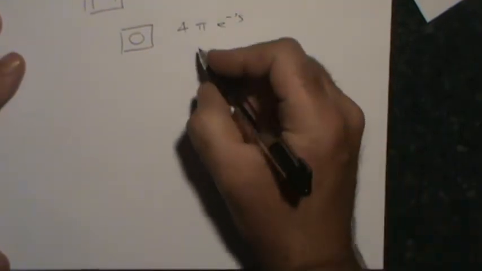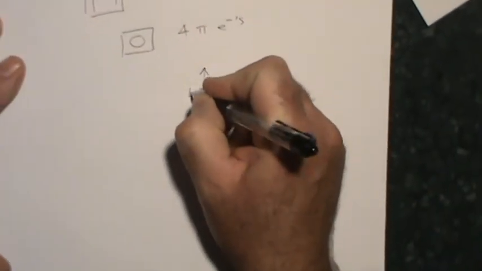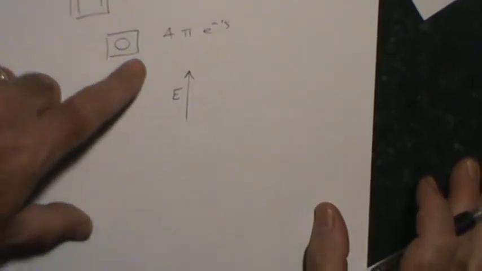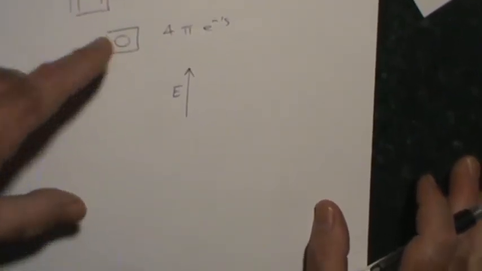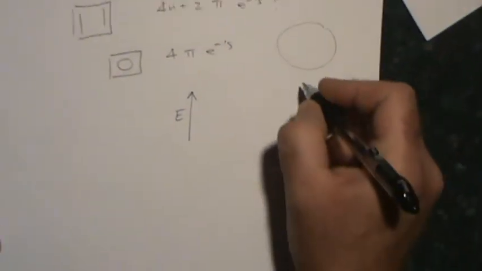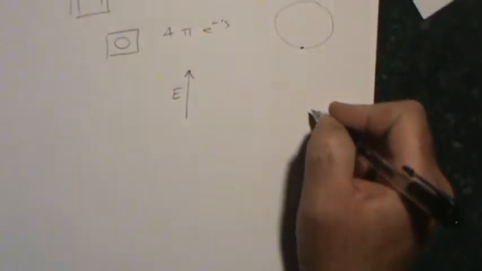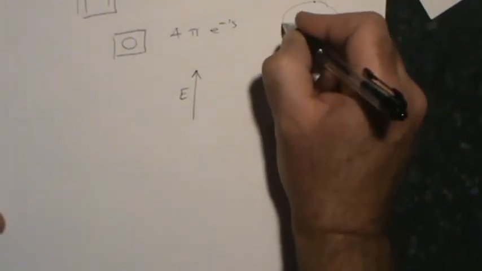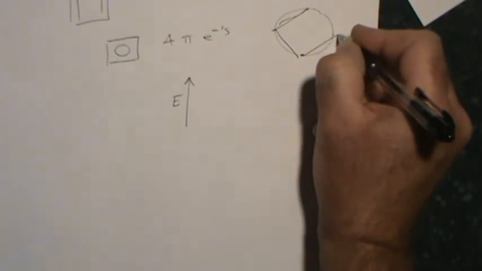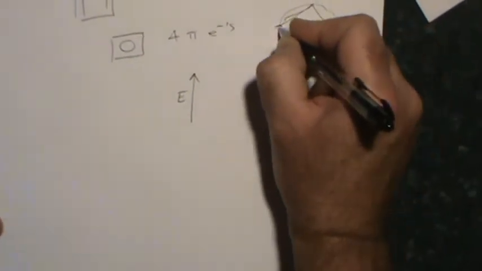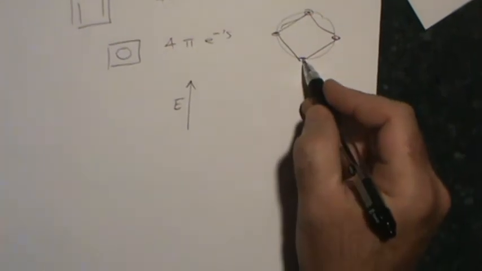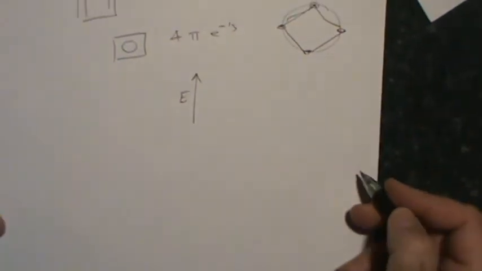Let's look at Frost's circle. Remember that? Frost's circle says that if you have a regular polygon, a molecule that is a regular polygon, in this case a square, you can inscribe it in a circle, but you have to do it in such a way that one of the vertices is at the lowest possible point. And when we do that, we're going to get something that looks like this. I've inscribed my square inside the circle with one vertex at the lowest possible point on that circle.